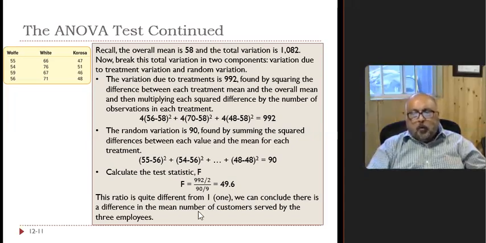Now, how close is this ratio to 1? The ratio is very different, far away from 1. Actually, it is 49.6, way more than 1. So what do we conclude from this? We can conclude that there is a big difference in the mean number of customers served by the 3 employees.